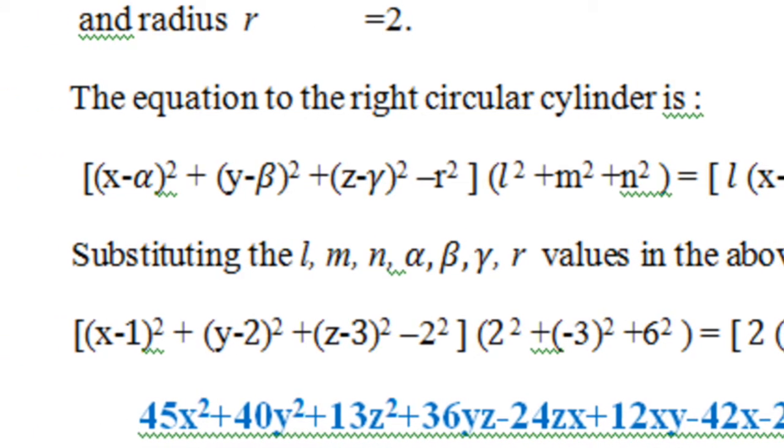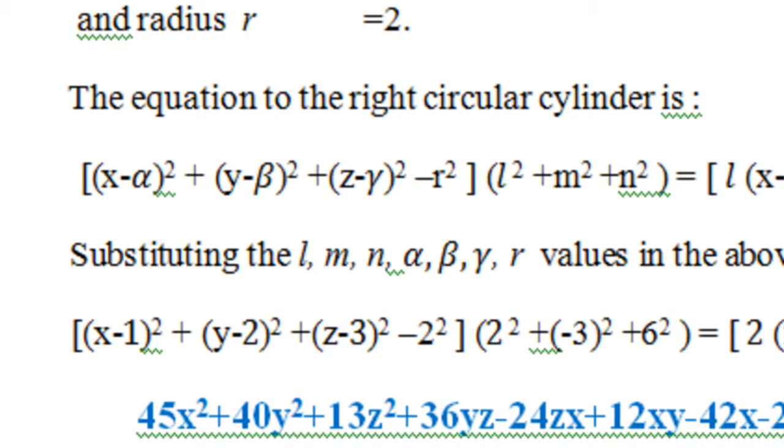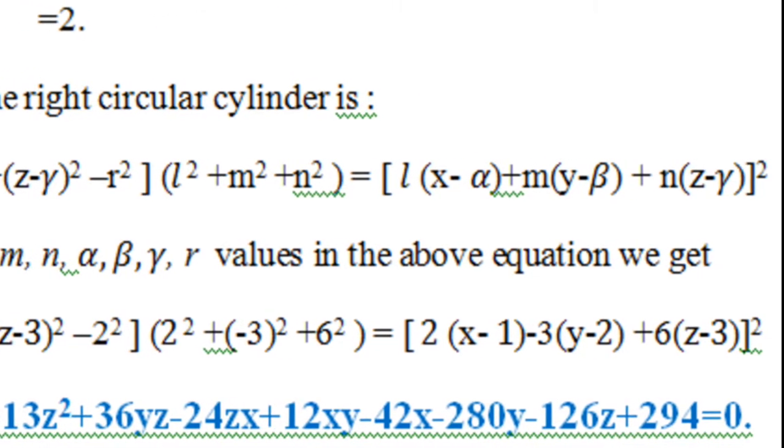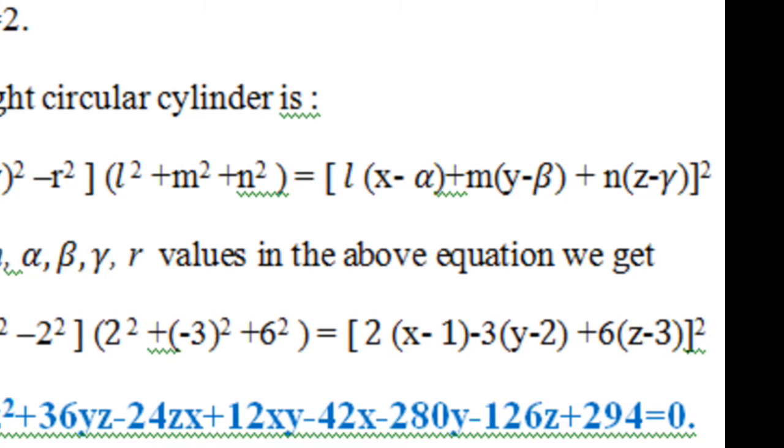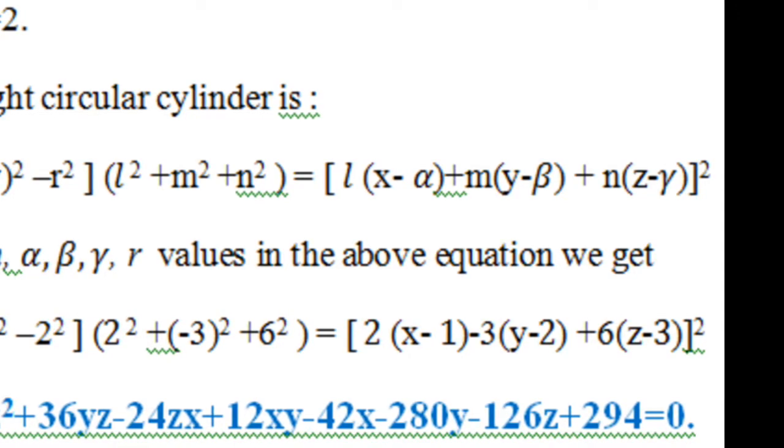So here (x minus 1) whole square can be expanded by using the formula (a minus b) whole square. So (y minus 2) whole square, (z minus 3) whole square also can be expanded by using the same formula. And here 2 into (x minus 1) minus 3 into (y minus 2) plus 6 into (z minus 3), if you expand and simplify this one, you will get 4 terms.